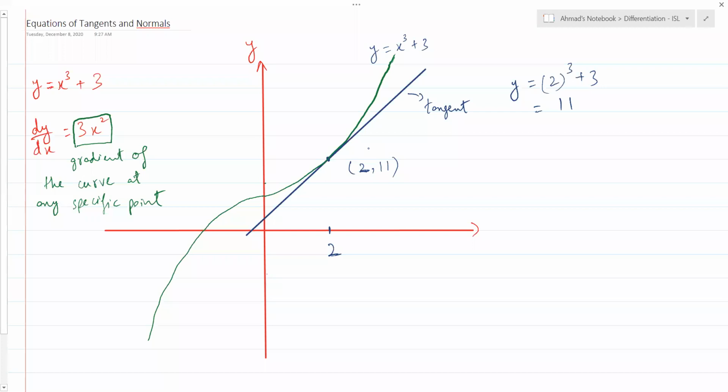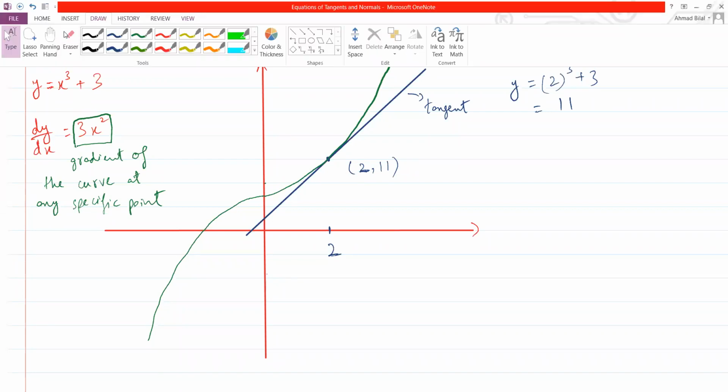And there's another term that we're going to use, and that's called normal to a curve. All right, it's called normal to a curve. And what does that mean? जिस पॉइंट पे हमने टेंजेंट बनाया है, टेंजेंट की अगर परपेंडिकुलर एक लाइन बना दें यहाँ पे, so what would that look like?